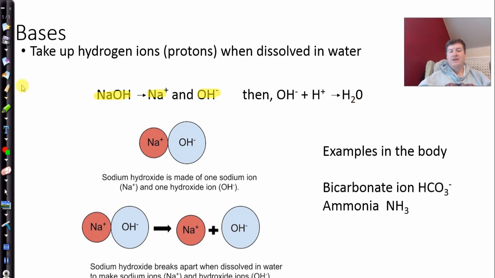You'll often see OH negative connected to most bases. That OH negative is an easy way to grab hydrogen ions and form water, and therefore that makes them a base. Some examples: HCO3, the bicarbonate ion, and ammonia are examples of bases in the body.